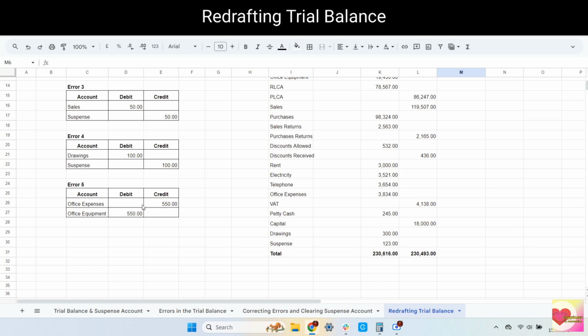Next, office expenses, 550 in credit, so this will reduce our office expenses in debit.